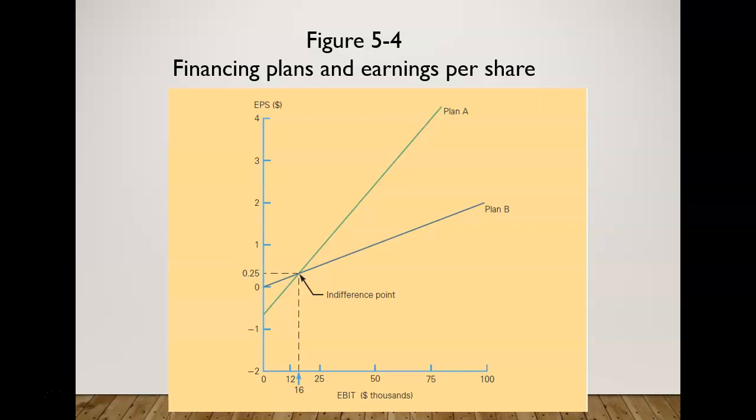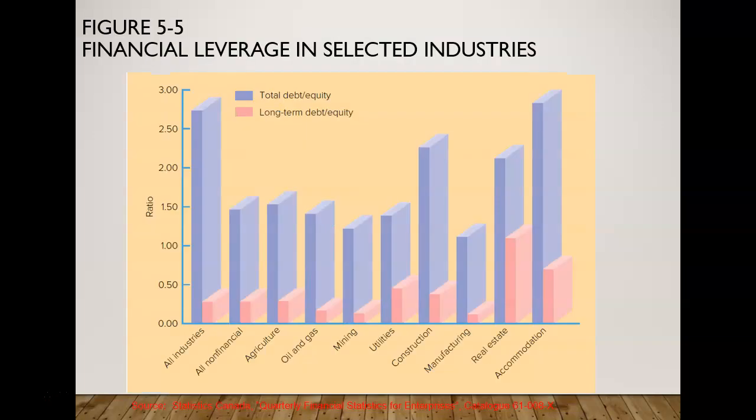The more conservative firm has a flatter line, which shows that it is not as aggressive, not as risky as the other company. So at 0.25 cents earnings per share, or $16,000, that's where both are equal. That's the indifferent point, where you're indifferent between both plans.